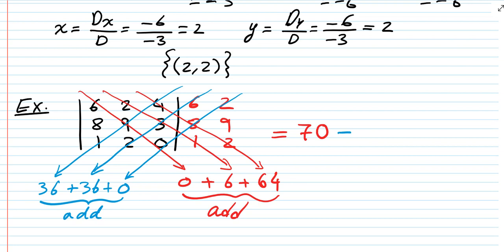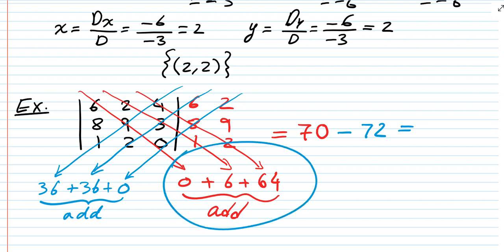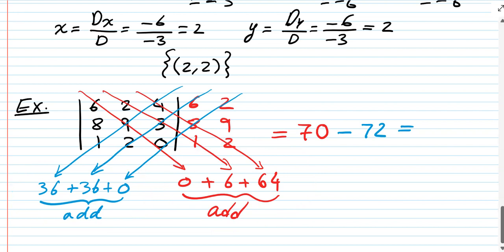And we're going to subtract 72 from this. So remember, you take the sum of the products going in this direction minus the sum of the products going in the other direction. So the answer is -2. And you can check that this indeed works, and the determinant will be -2.